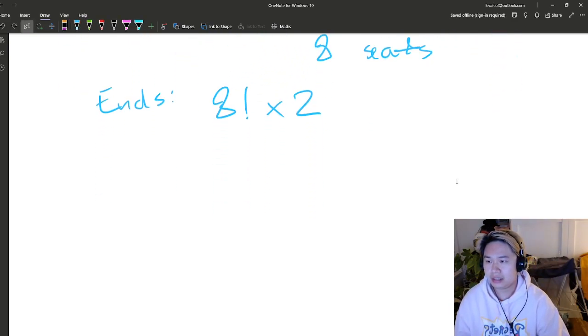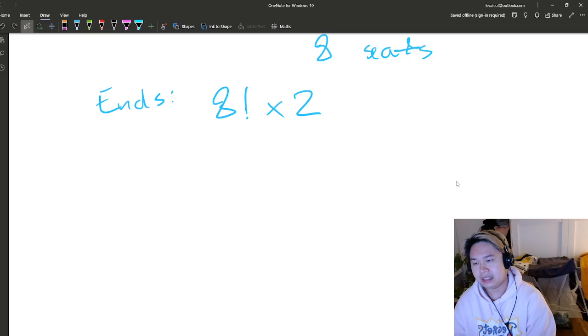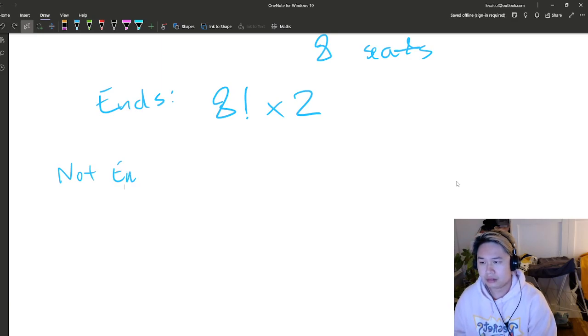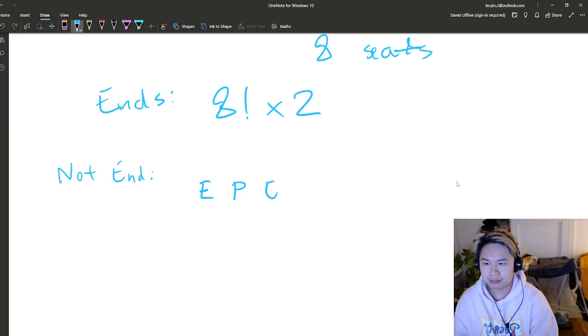Okay, and then if he doesn't sit at the end, so not at the end, then that means there's going to be an empty seat on both sides of Peter.